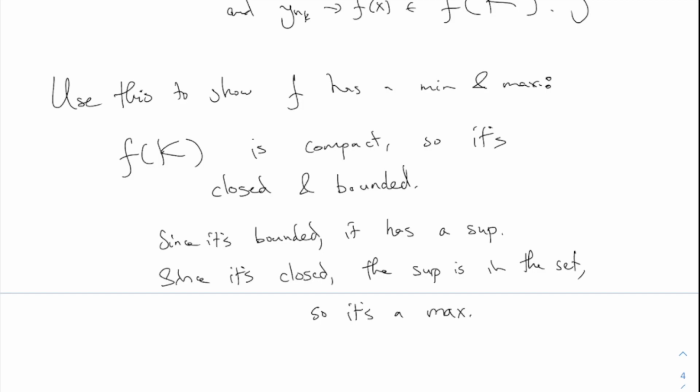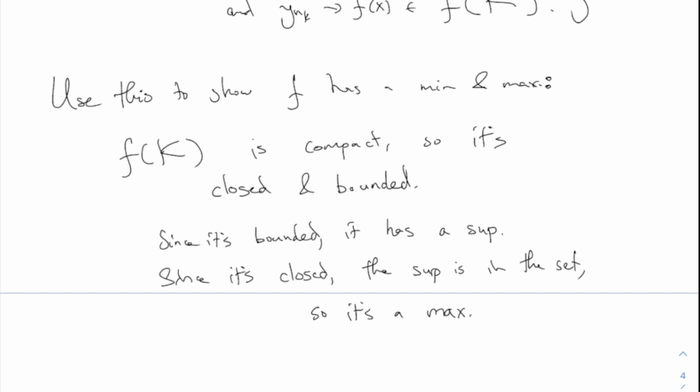That's the difference between a sup and a maximum, is sometimes the sup might not be in your original set. But we have explained that actually in this case, the sup really must be in the original set, and that makes it a maximum. So this is why the set has a maximum value. It also has a minimum value because you say the same things about the inf.